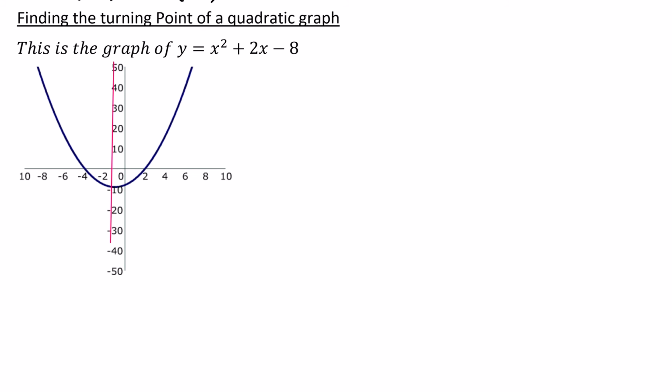So at least the x coordinate is found by finding the midpoint between the two x-intercepts. So the x coordinate of the turning point is on the symmetry line that cuts the graph into two equal parts. And to find that midpoint is just like finding the median between two numbers. You're going to add the two numbers and divide by 2.